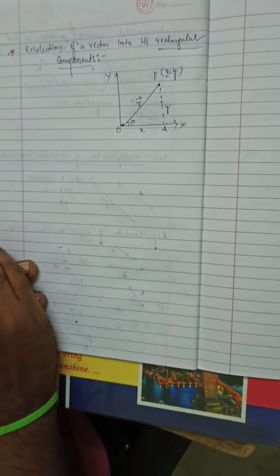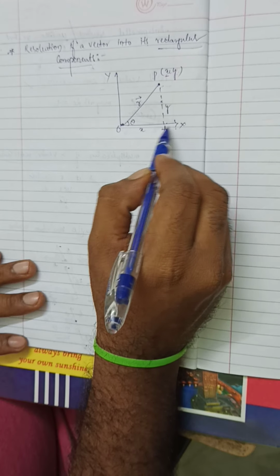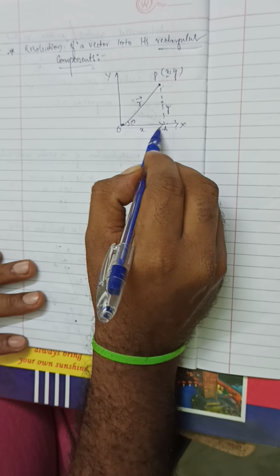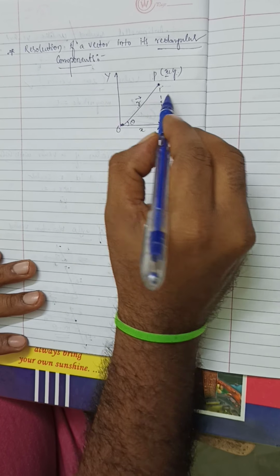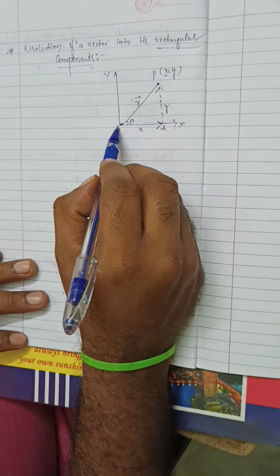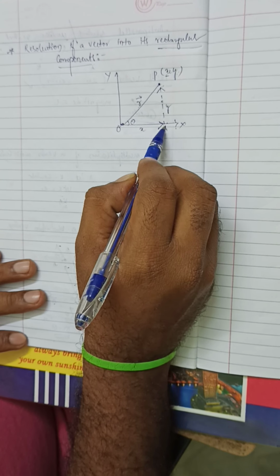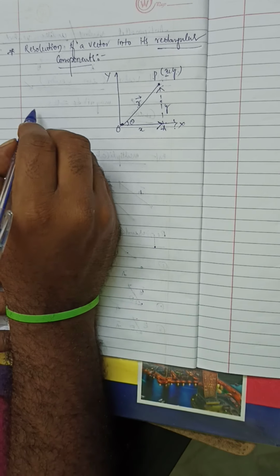So this will be along the x direction, that's why it is taken as a vector. Now it is along the y axis, that's why it is also represented as another vector. Then OA bar is one vector, AP bar is another vector, then OP bar is the resultant vector.